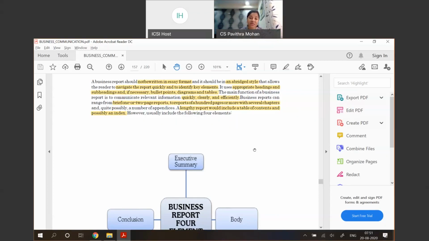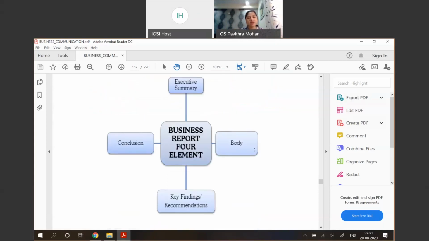Or if I'm presenting a large amount of information, like the financials of the year or annual reports from the annual general meeting, these can run from several pages to hundreds of pages. That is okay. If the report becomes too lengthy, kindly ensure that a table of contents or index is added. So what are the important things in a report?